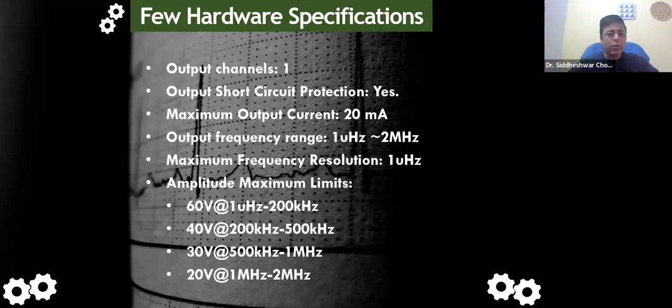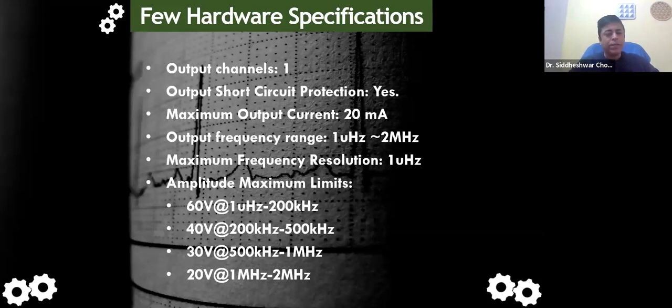If you select 20 volts, the MicroGen converts the output frequency to the range 1 megahertz to 2 megahertz. So MicroGen is very smart. It will automatically convert it to harmonics if you are selecting 20 volts.